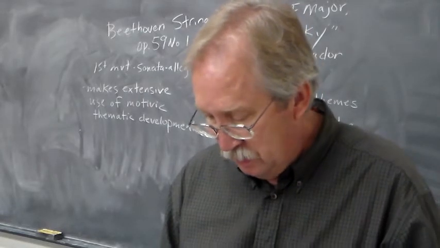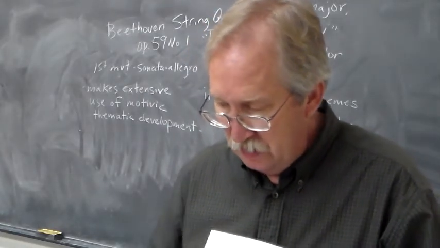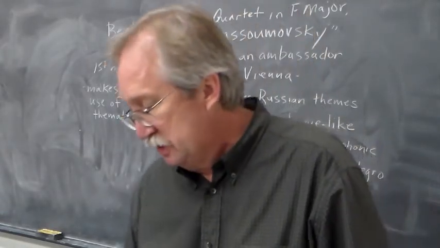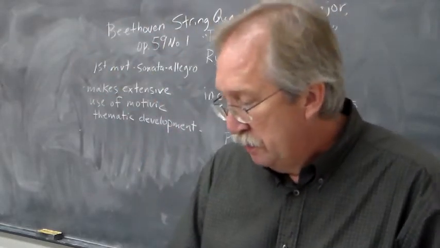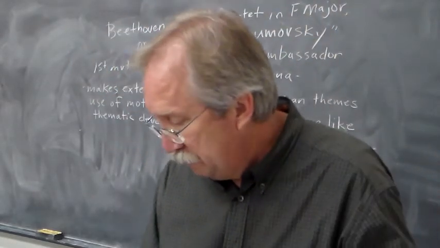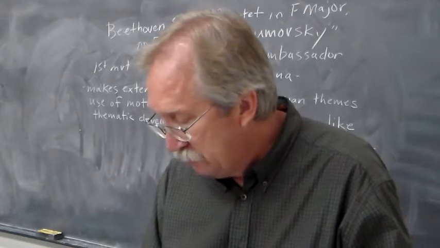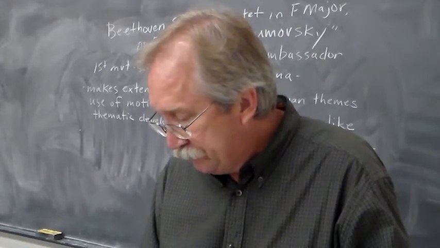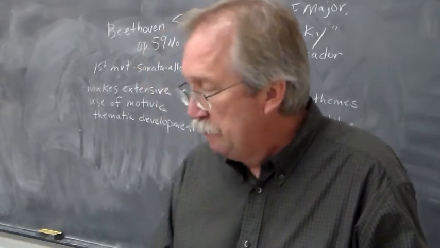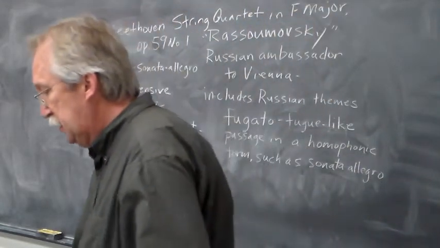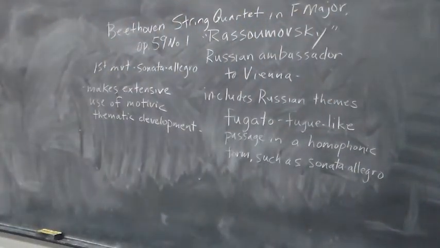And there is also a second thematic idea that is presented on the opening page. So if you go back to the first page, at measure 19, it reaches a real strong cadence on tonic and fortissimo there, and then you have this thematic idea.